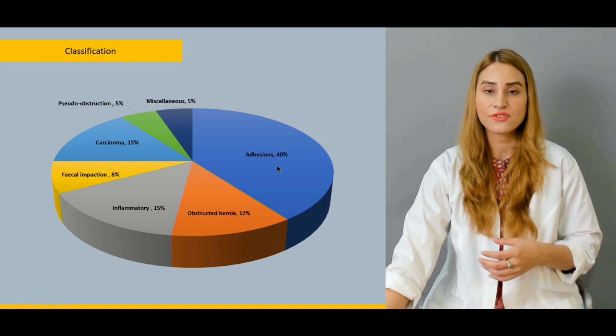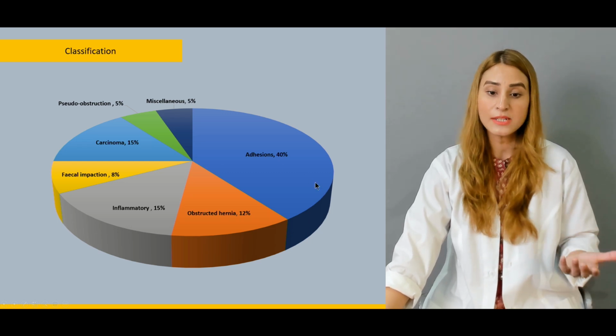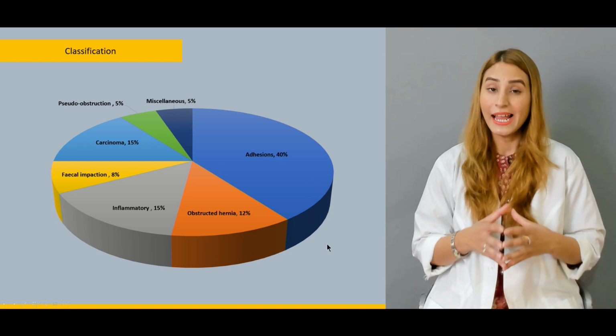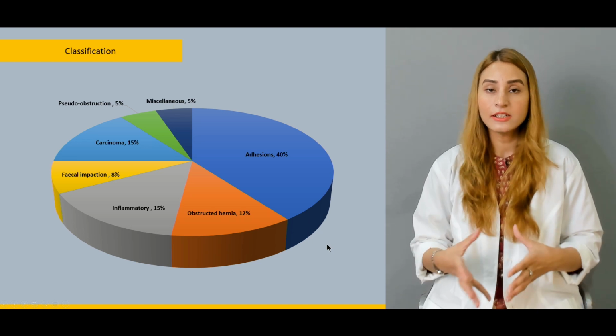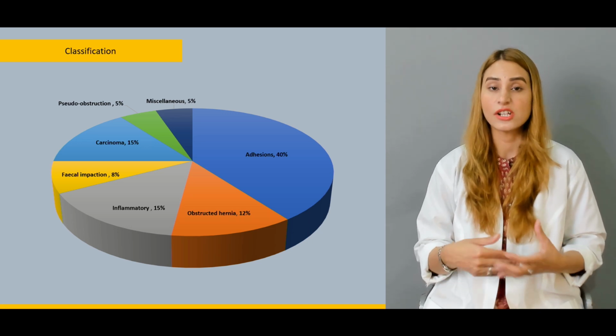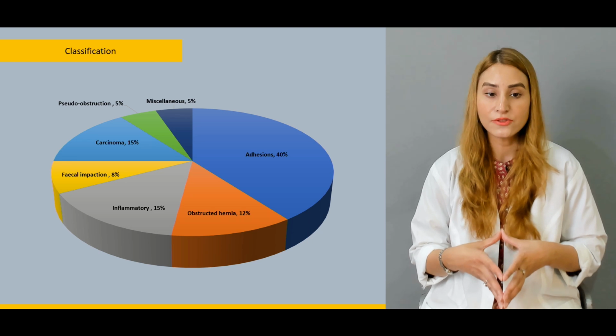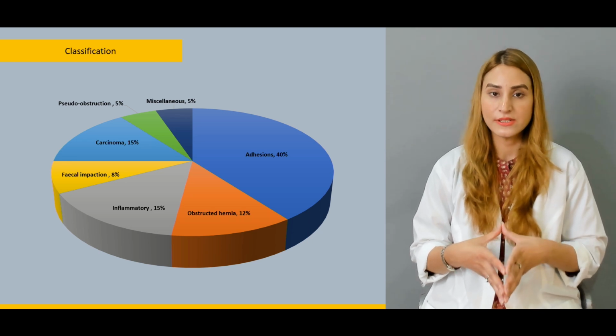So this classification includes adhesions, which make about 40%, obstructed hernia, inflammatory condition, fecal impaction, malignancies, which ultimately lead to the formation of strictures, and also the pseudo obstructions.